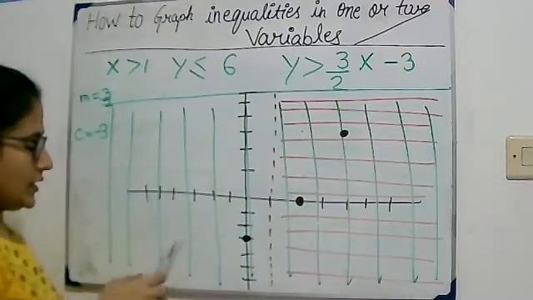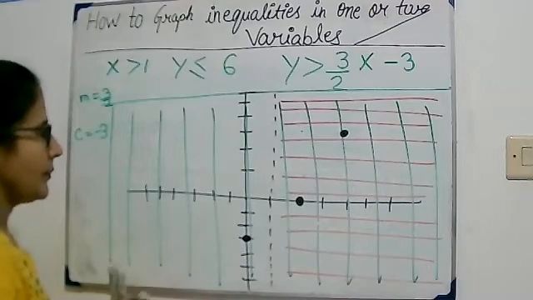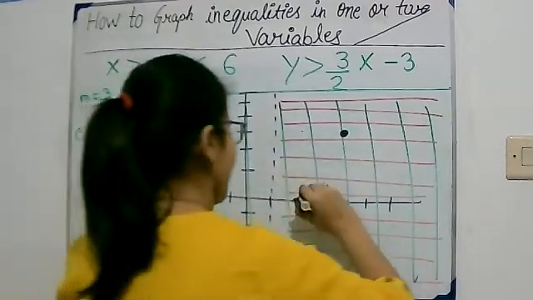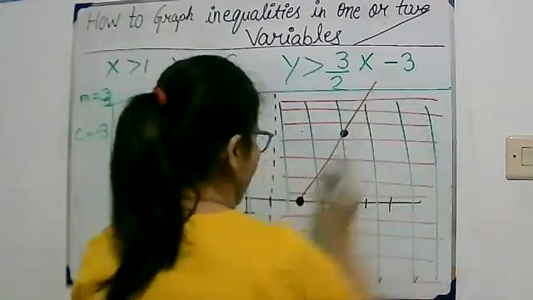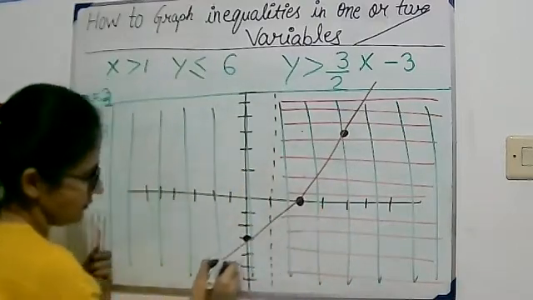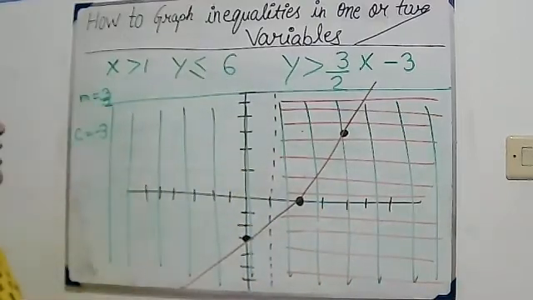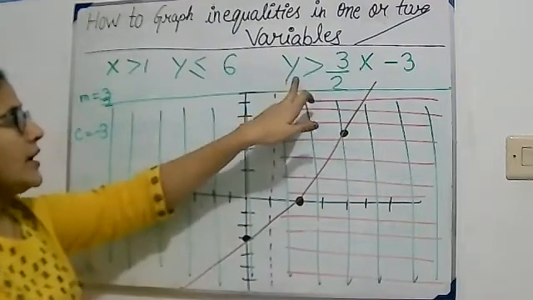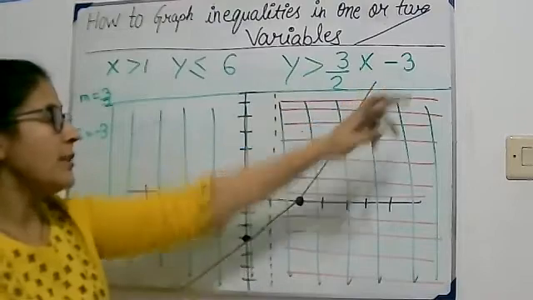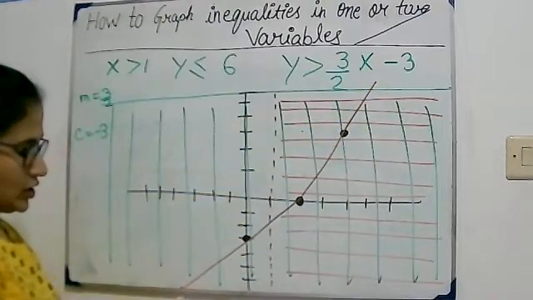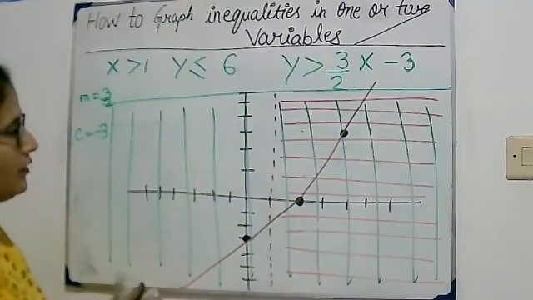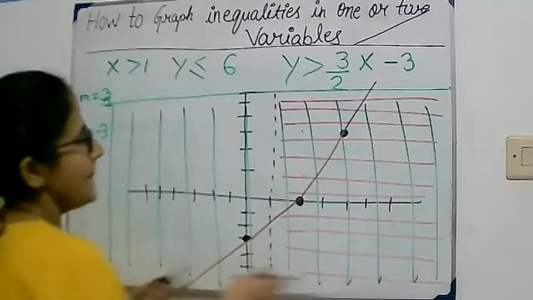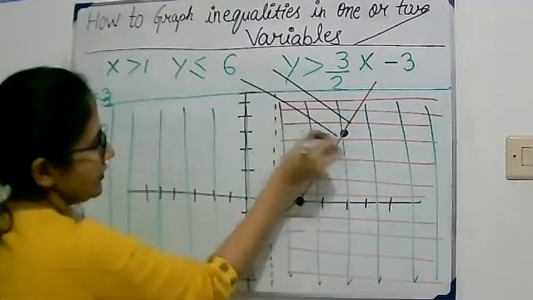We can join this. Like this. Now the shaded region will be y is greater than this 3 by 2 x minus 3. So all region which is above the line. Let's use black color. This region.